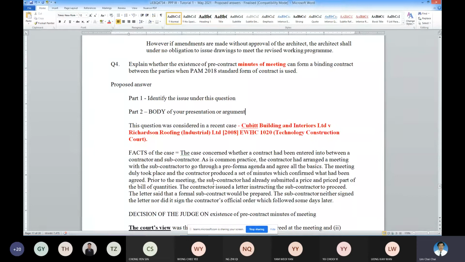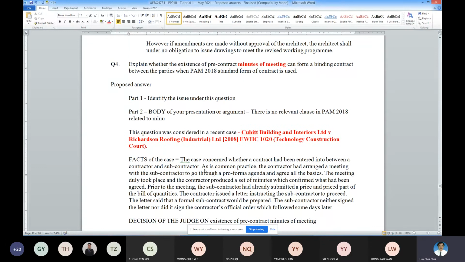The case law will give you an idea whether minutes of meeting before the contract is signed can form the basis of a binding contract between the parties.